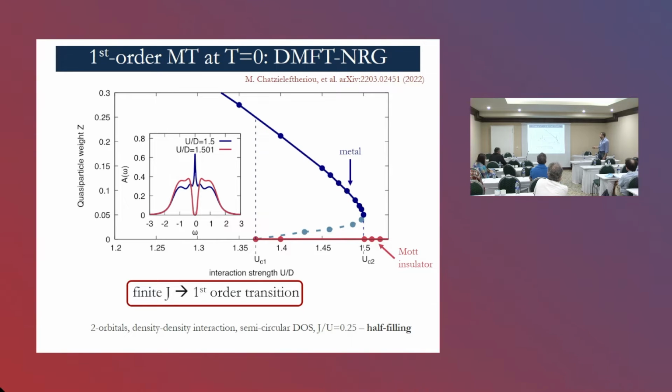On the other hand, which is maybe expected but nice to be able to calculate exactly, these two branches are actually connected through an unstable metallic branch that gives this sigmoidal shape to the Z versus U curve, which is really a hallmark of first-orderness. In fact, you will have a jump because the energies of these two solutions cross at some point in the coexistence zone, and the actual transition happens somewhere in the middle, where the two energies of the stable branches cross.